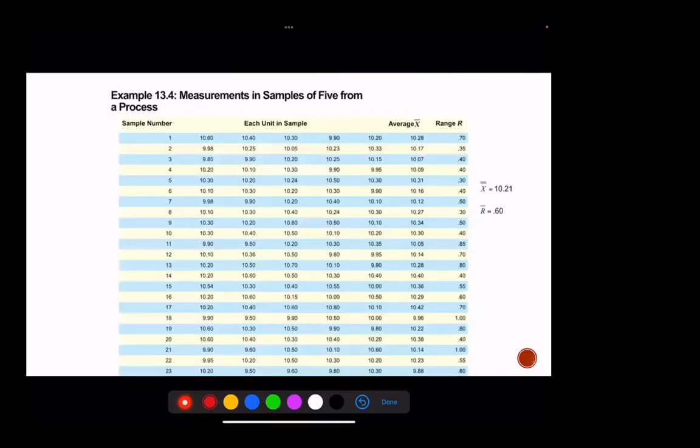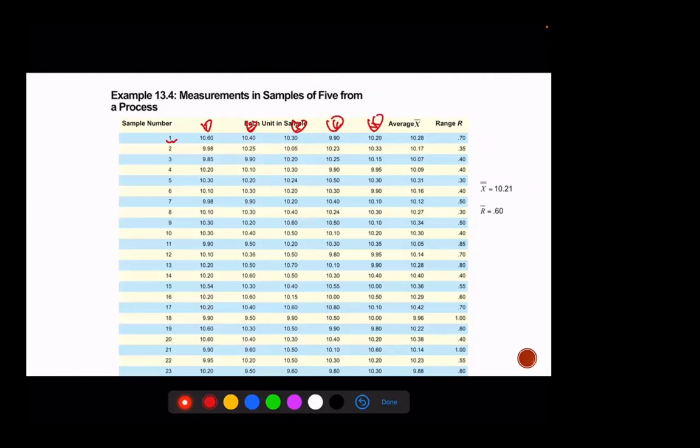Just for example, this slide only shows 23, but for this example we have 25 in total. For sample 1, we have 1, 2, 3, 4, 5. We have 5 observations in total.